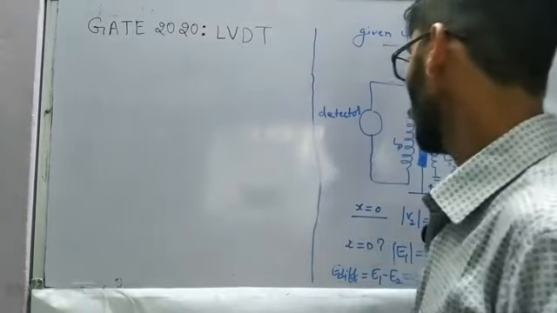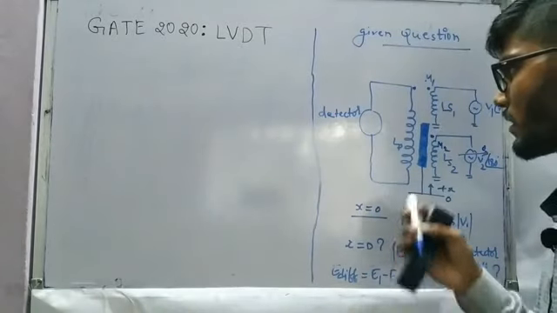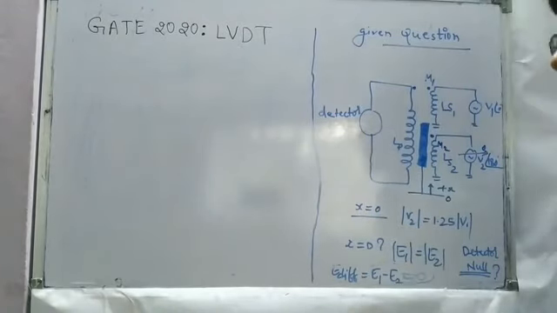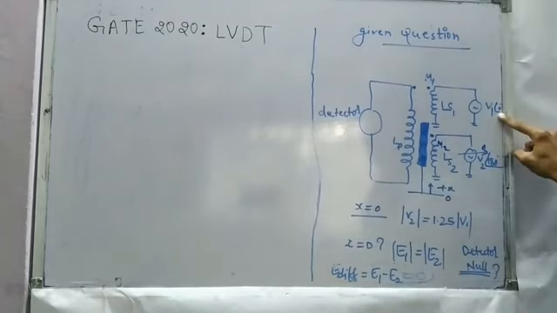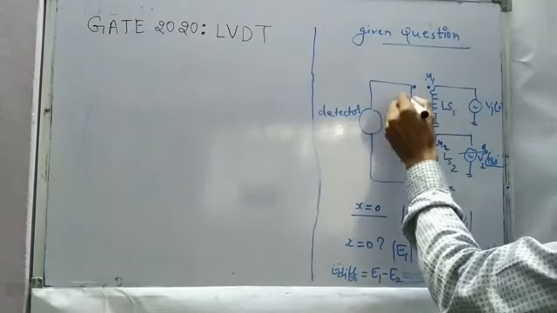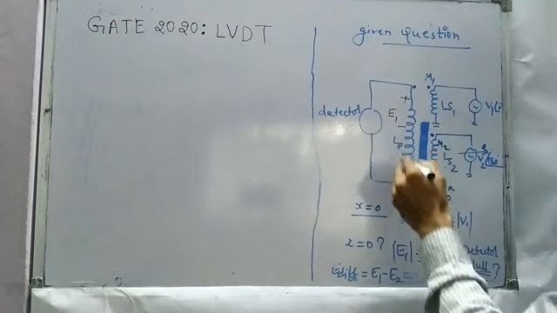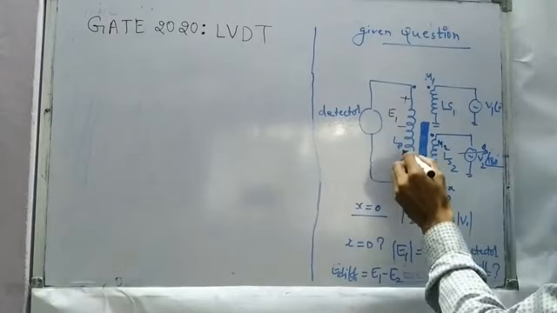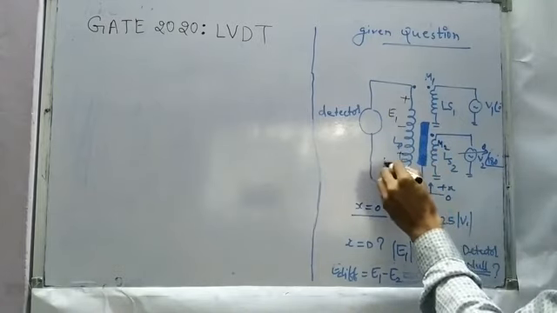And how will you make sure that this concept is working in the series opposition condition? Because the phases are given as 0 and 180 degrees. The voltage at series 1 is going to be directly replicated at the primary coil as E1, and similarly it is going to be replicated as E2.